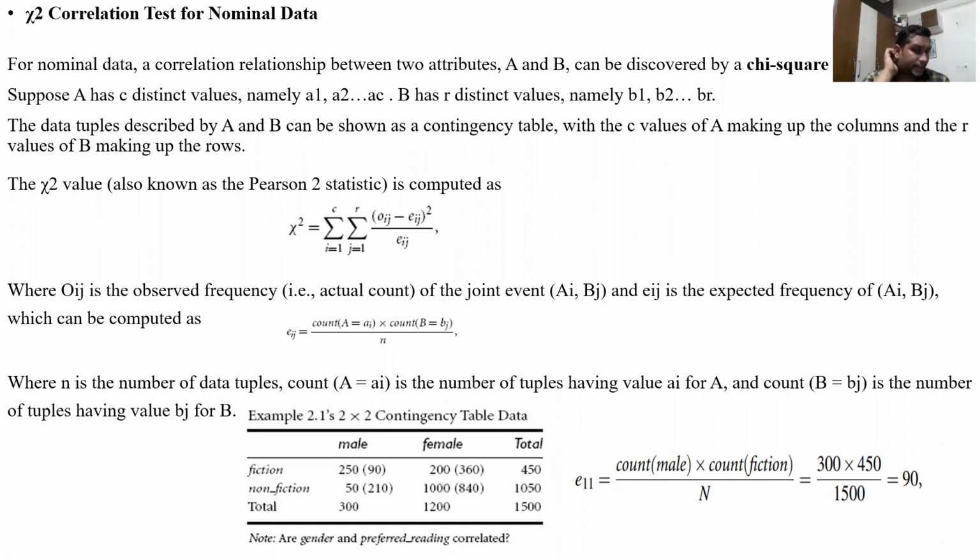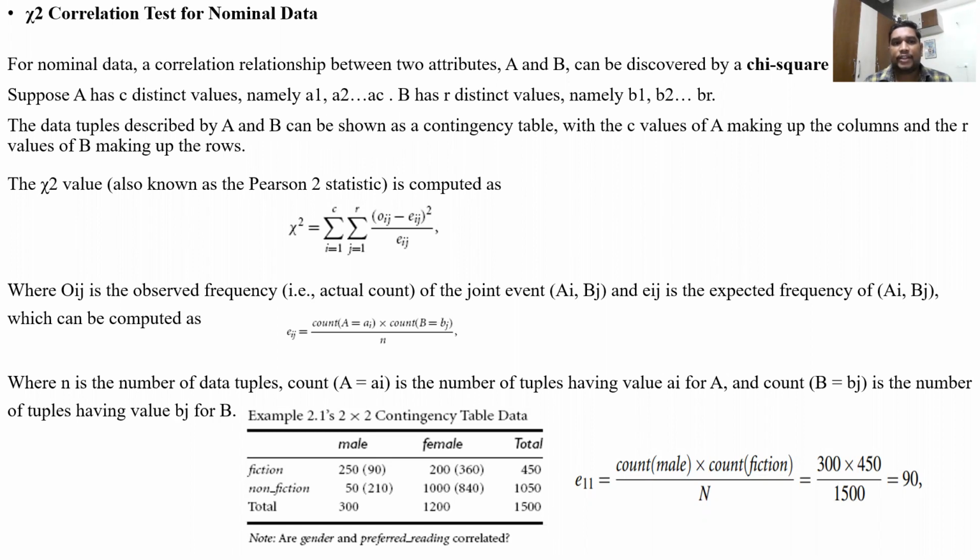For nominal data, a correlation relationship between two attributes A and B can be discovered by a chi-square test. Suppose A has C distinct values, namely a1, a2, and so on up to aC. B has R distinct values, namely b1, b2, and so on. So I am taking two attributes which have some data.